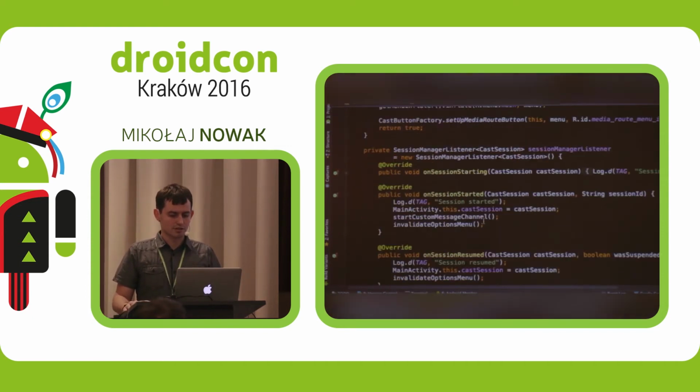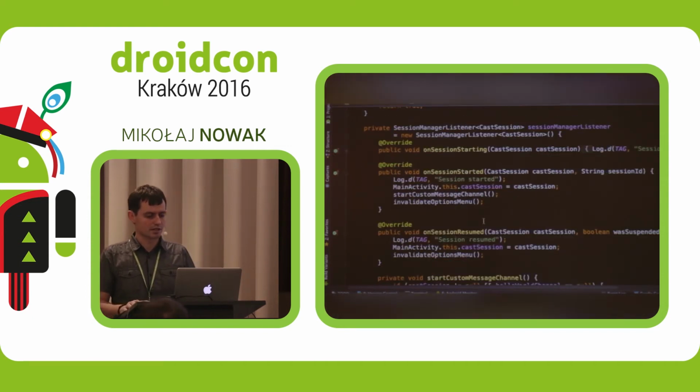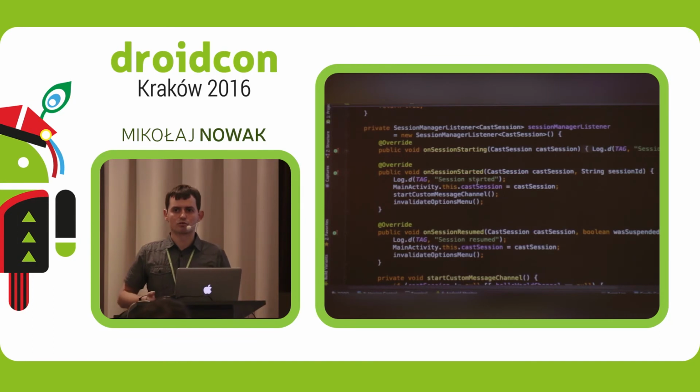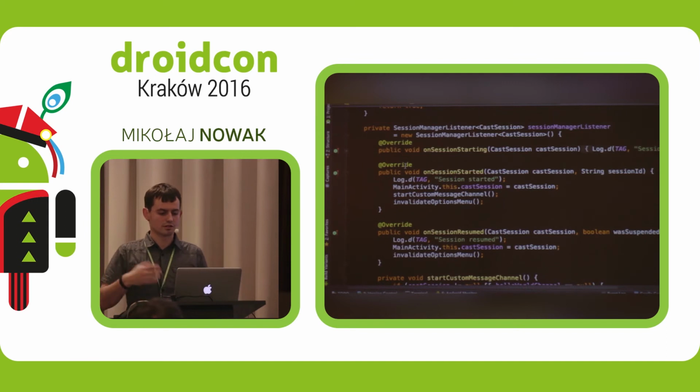An interesting thing given by the Cast SDK is the SessionManagerListener. It's a listener which gives us callbacks on every connection event, like session started, resume, connection failure, disconnection, etc. There are plenty of them, and each of these callbacks has a CastSession object.